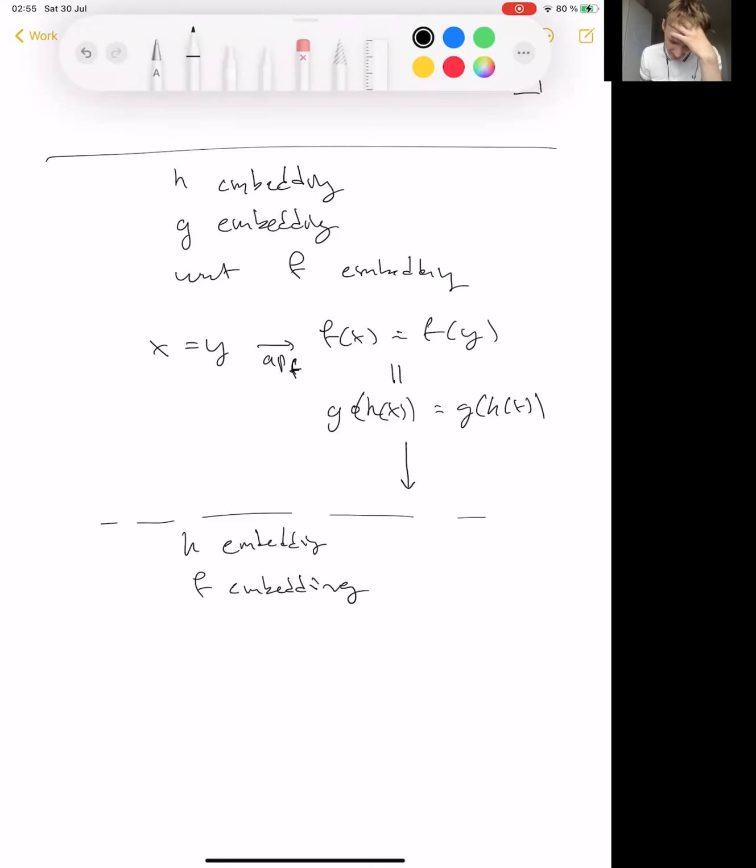So if we assume this, we still have the same kind of diagram. So we can go down here via app H, and we get to Hx equals Hy. And we assume now that this is an equivalence and this is an equivalence. The issue now is just we have no way of mapping like this.